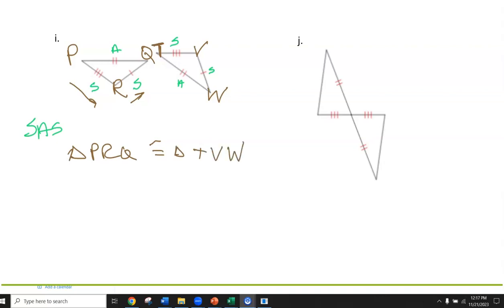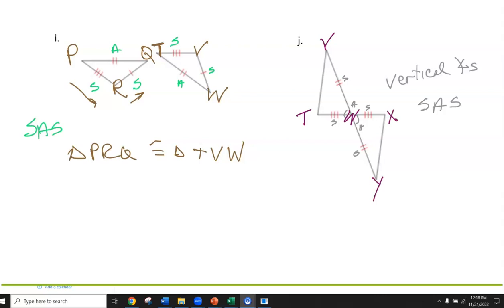Okay, last one. Vertical angles. Don't forget to mark them. Okay, what do I know? I know that I'm going to have side, angle, side. Side, angle, side. Side angle side congruency. Then I'm going to label my corners T, V. I'm going to make this big guy W, X, and Y. Okay, so I name my upper triangle to the left.